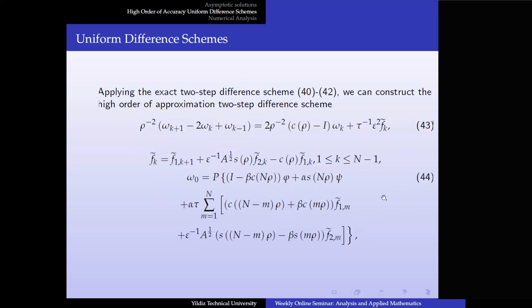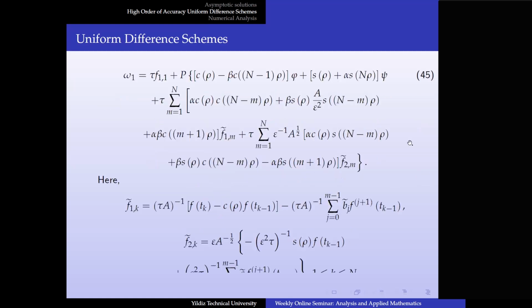And applying the exact two-step difference scheme 40 and 42, we construct the high order of approximation two-step difference scheme 43 with the initial conditions, maybe with omega 0 and then in 45 omega 1.